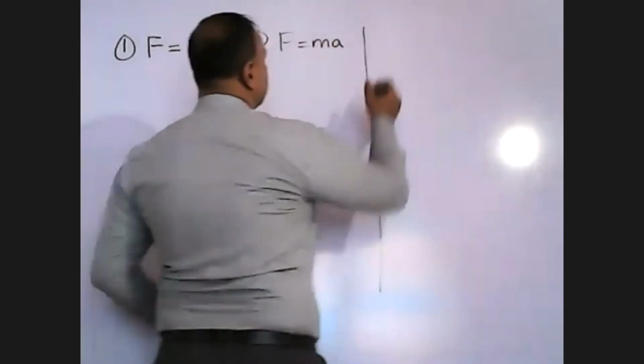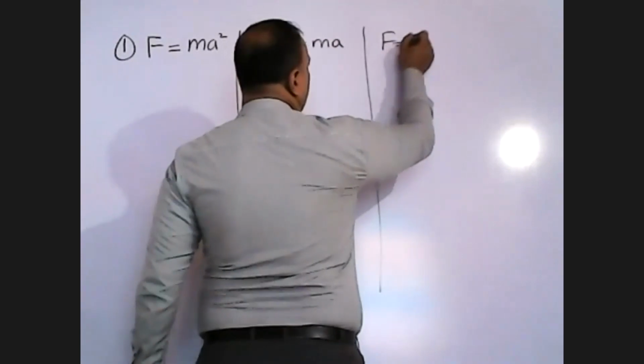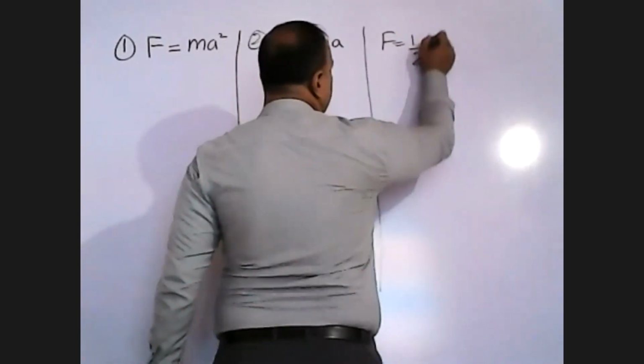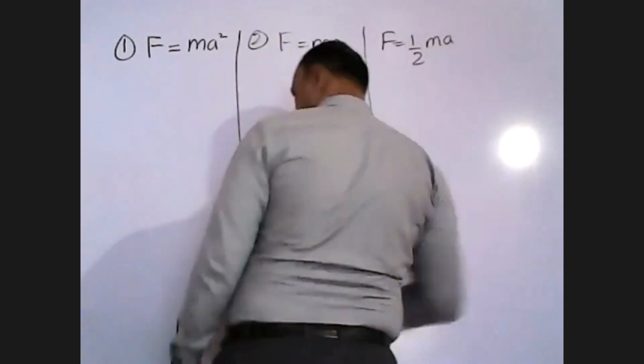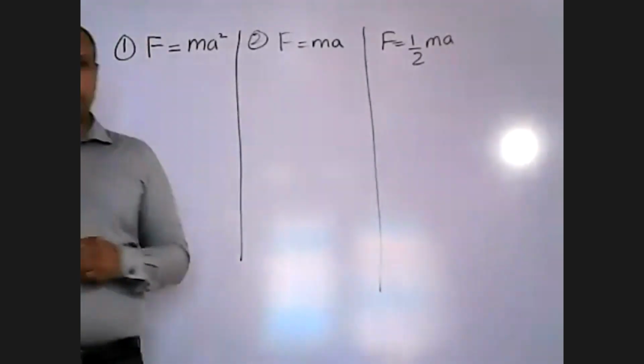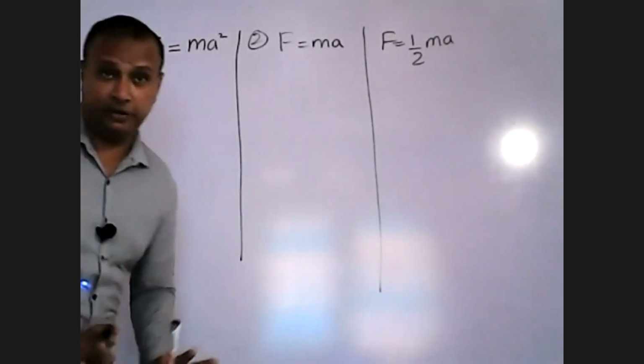Third one, F equals half m a. Now we are given three kinds of equations.